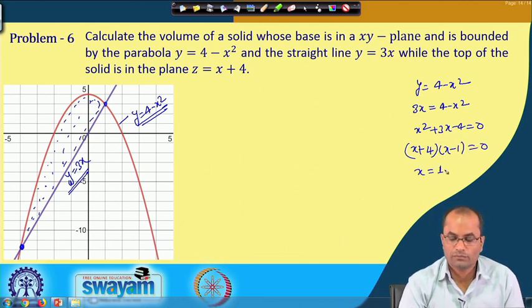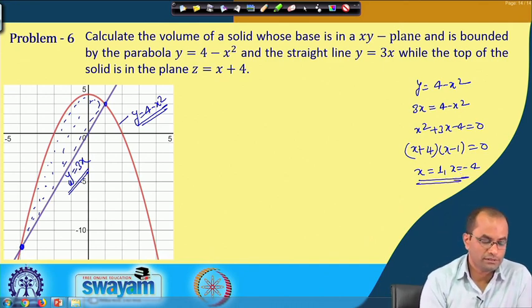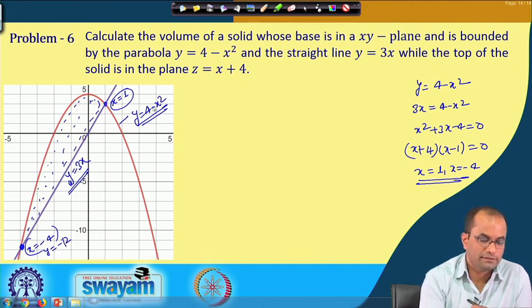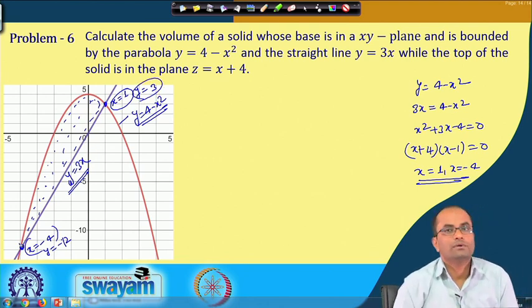So, x is equal to 1 and x is equal to minus 4. These are the 2 points. Correspondingly y from y is equal to 3x: for x is equal to 1, y is 3, and for x is equal to minus 4, y will be minus 12.